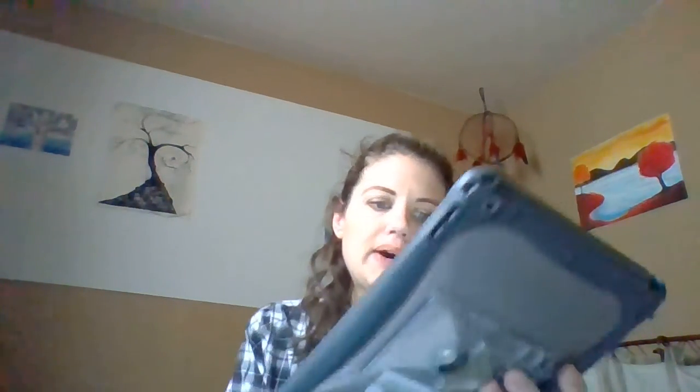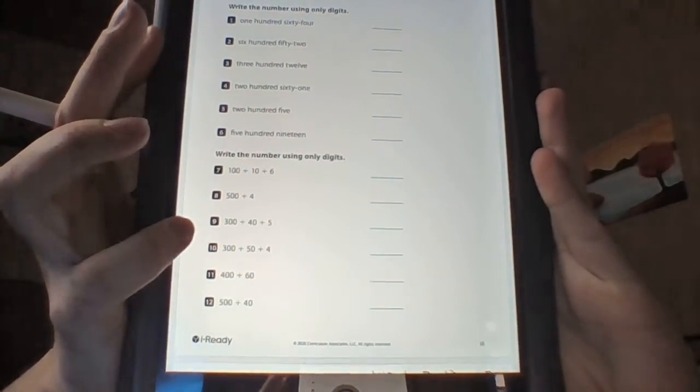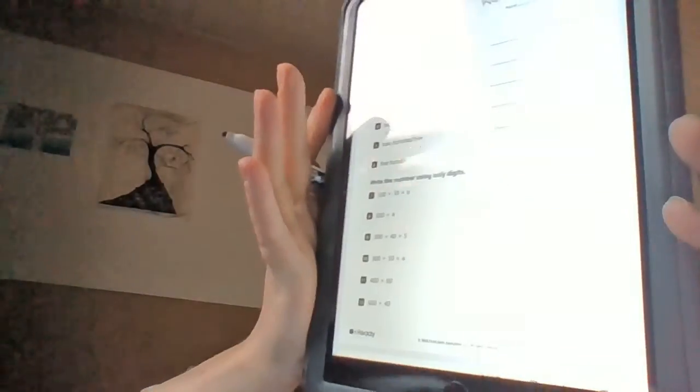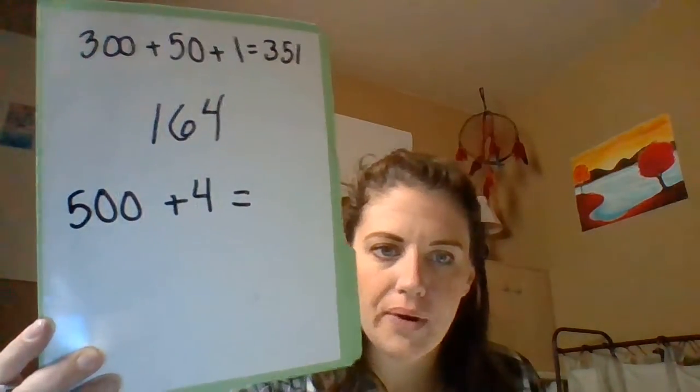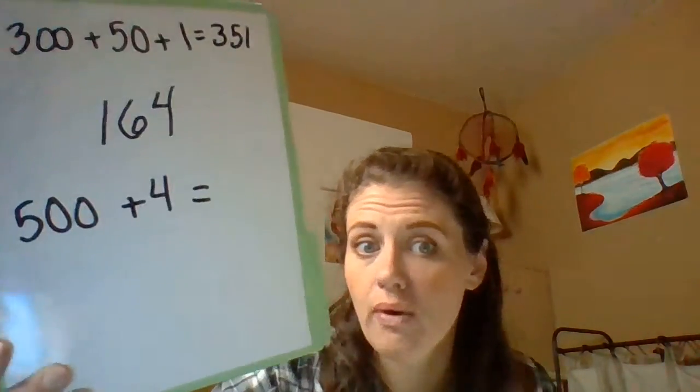All right, and then at the bottom, again, we are doing our equations, expanded form equations. And if you see some of the equations, they don't have 3 numbers in it. They have 2. So let's do number 2 together. So number 2 is 500 plus 4. Okay. So 500, what would be 500 plus 4? It would be 504, right?